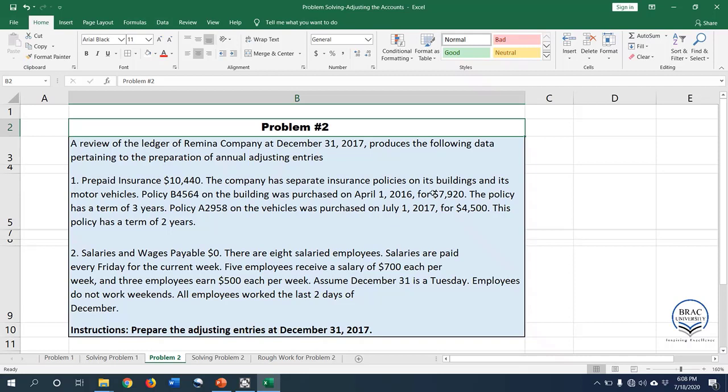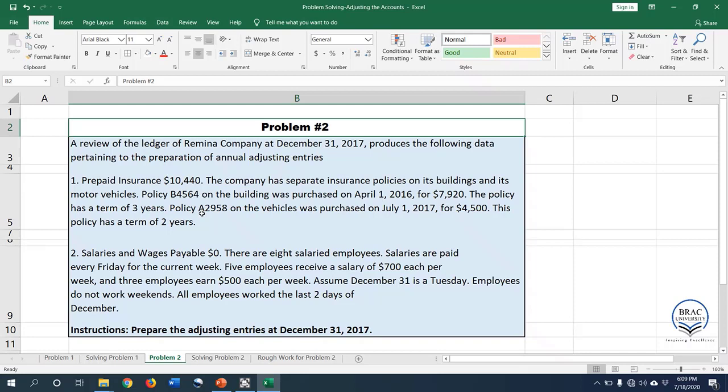$7,920. We have purchased this policy on April 1, 2016 and we have paid $7,920 to purchase that, and the policy has a term of 3 years. That means this will provide us insurance coverage of 3 years. Okay, more than 1 year, 3 years. As simple as that.